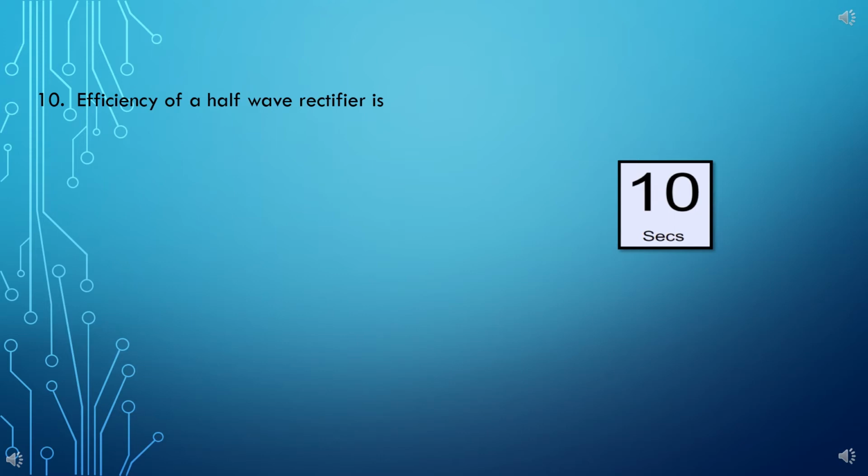Efficiency of a half-wave rectifier is: Option A. 50%, B. 60%, C. 40.6%, D. 46%. Answer: 40.6%.